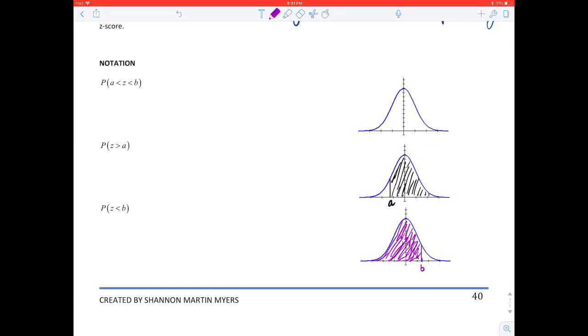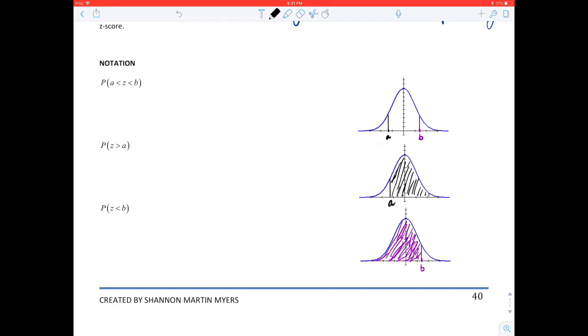Now if we want to know the probability that Z is in between these two, you'd have your B here, and you'd have all that area, but you would want to subtract out the part that was added too much. So you would want to subtract out the area that's less than that marker B, bounded by the start of A. Cool so far?